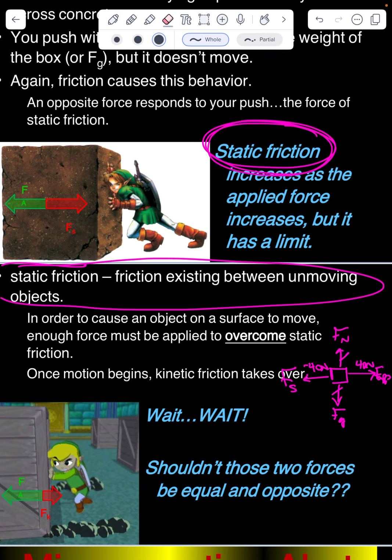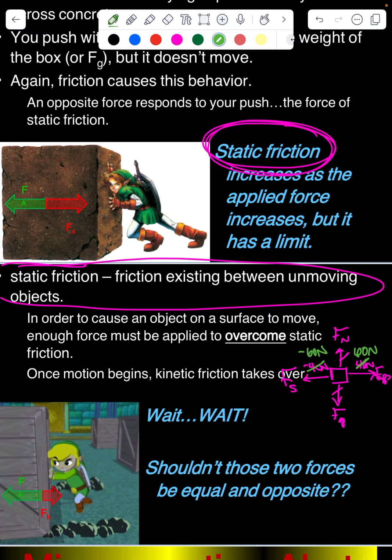What if I increase that applied force to 60 newtons, but it still doesn't move? Then my static frictional force has gone up to negative 60 newtons.